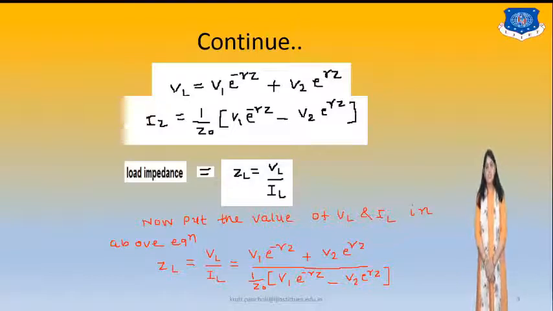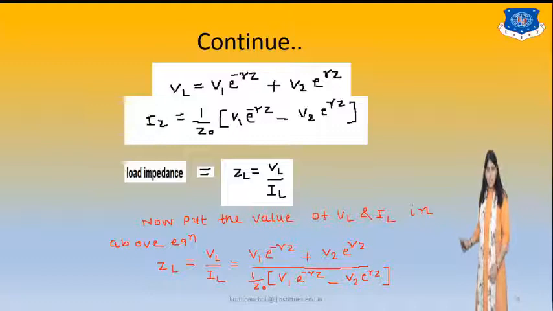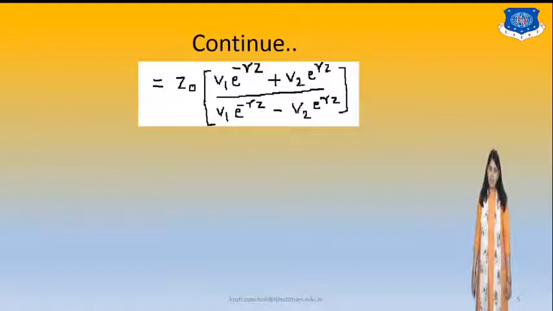So ZL is equal to VL upon IL, which is equal to V1 e raised to minus gamma Z plus V2 e raised to gamma Z upon 1 upon Z0 V1 e raised to minus gamma Z minus V2 e raised to gamma Z.